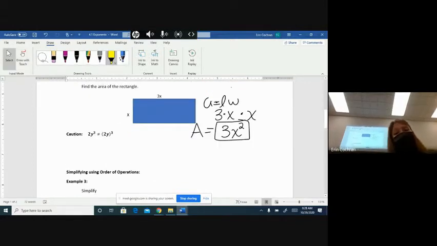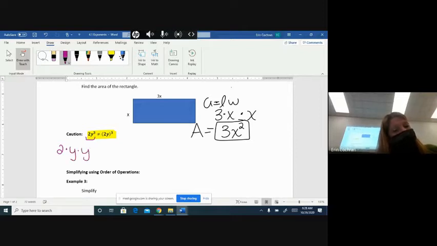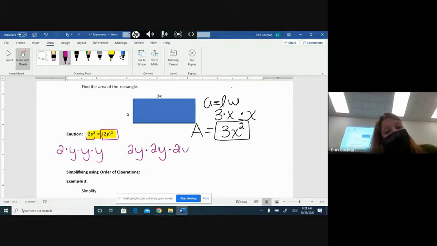One thing I have to remind you, is 2y cubed equal to the quantity of 2y cubed? No. Why not? What does 2y cubed, the first part of that, mean? Y is being cubed, so that just means 2 times y times y times y. What does the quantity of 2y cubed mean? Right, 2y is being cubed, so that would be 2y times 2y times 2y.